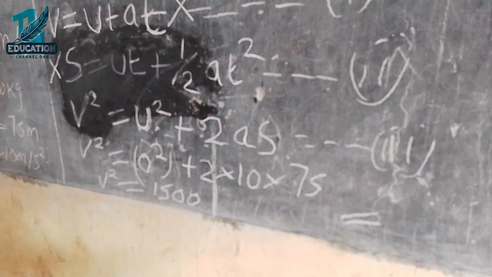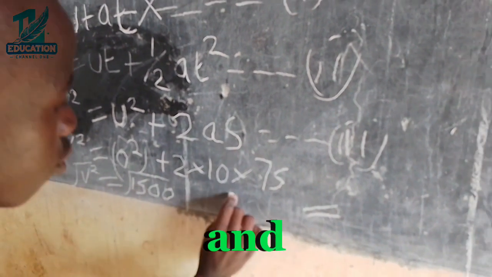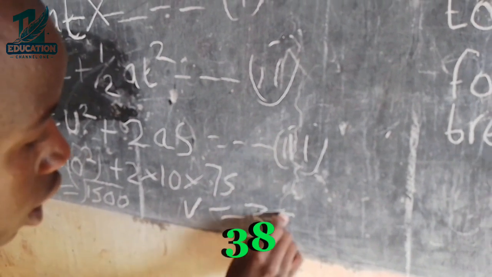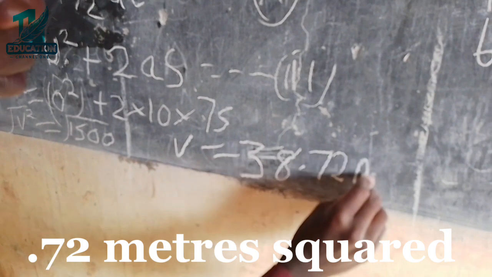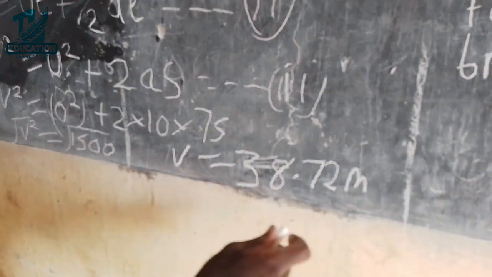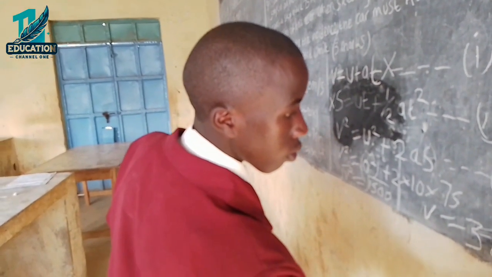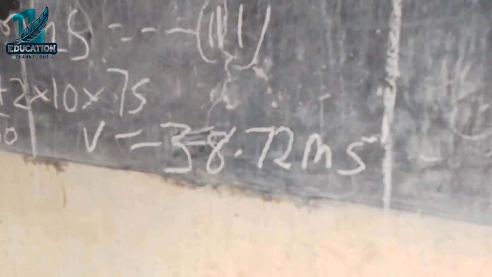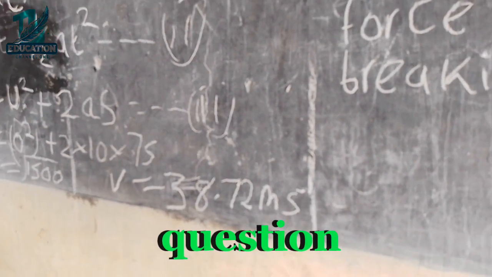We are going to find the square root on both sides, and our value of V will be 38.72 meters per second. So this is our first answer.